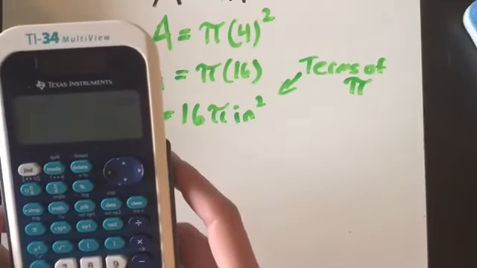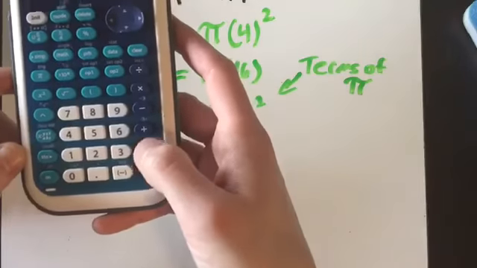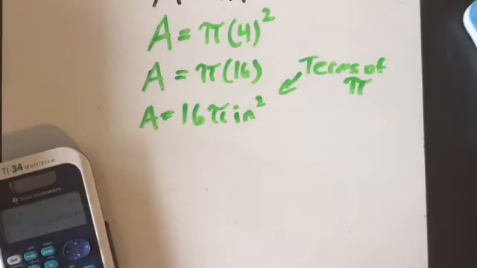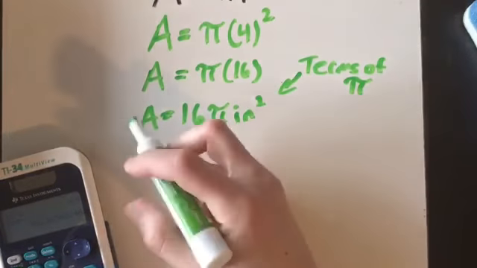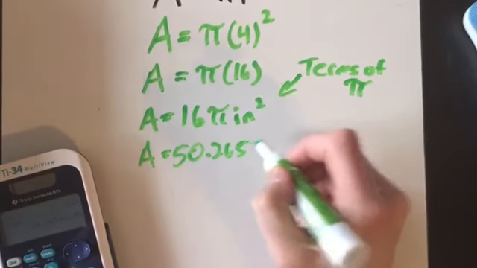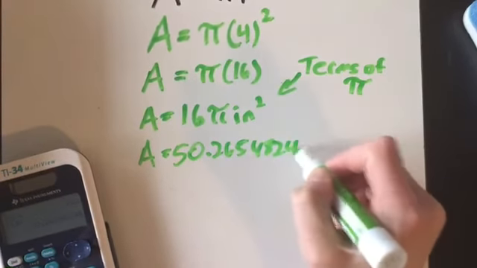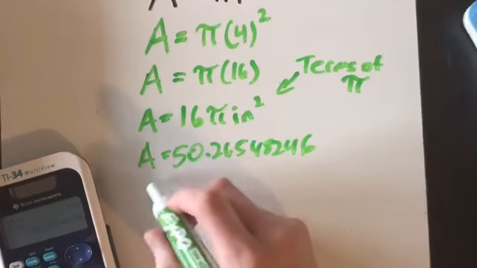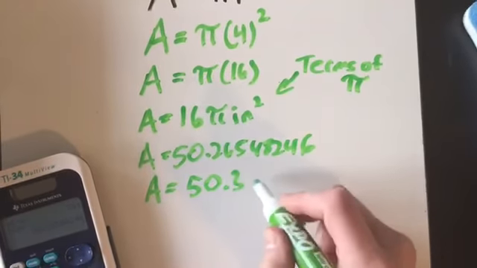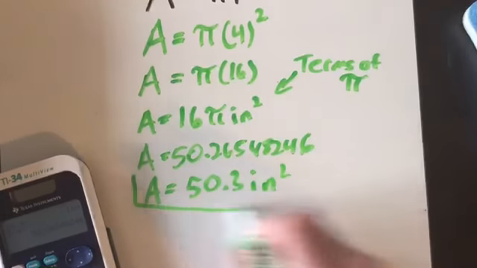So I have to push this double arrow button here above the enter button, and then it gives me the answer that's not in terms of pi. So for us, that's going to be 50.265482446. And if we round to the nearest tenth, that'll be 50.3 inches squared.